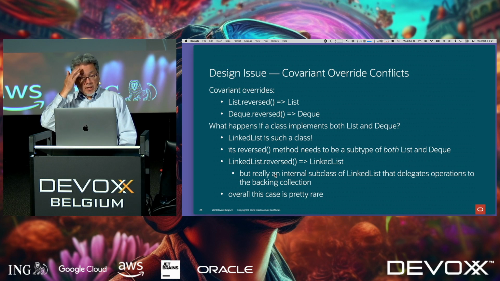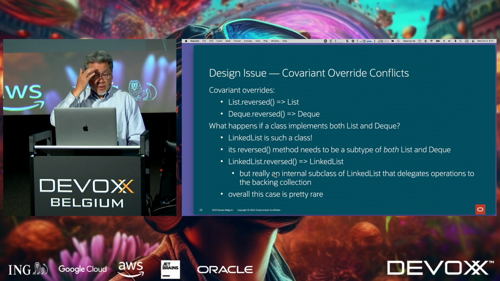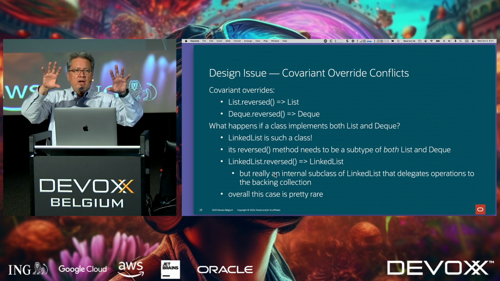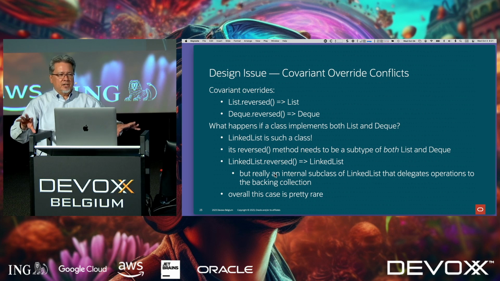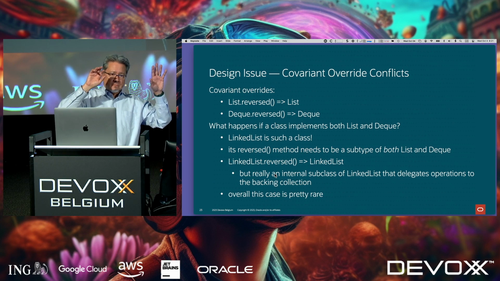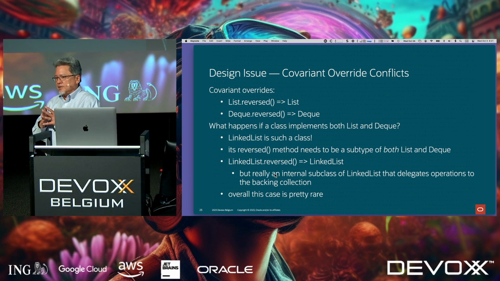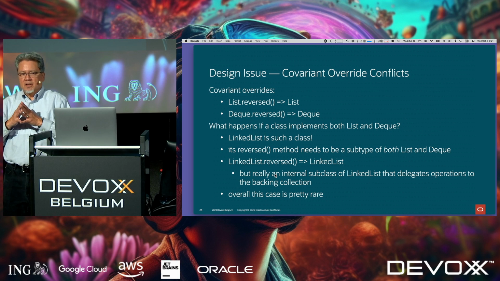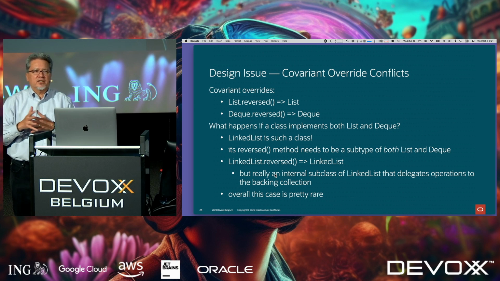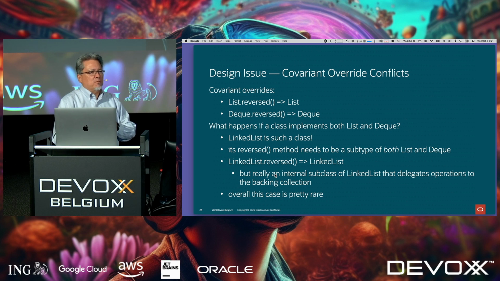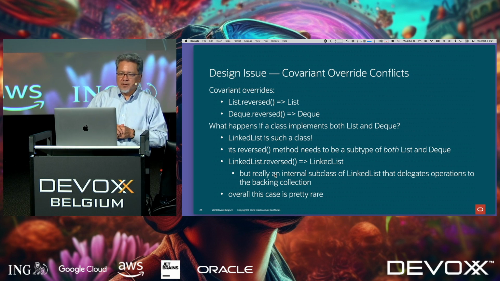There are some weird things going on with conflicts of covariant overrides. If you have a tree structure, then inheritance works, and anything can override its supertype. The inheritance hierarchy of the collection interfaces is not a tree structure, it's a DAG, because we have multiple inheritance of interfaces.